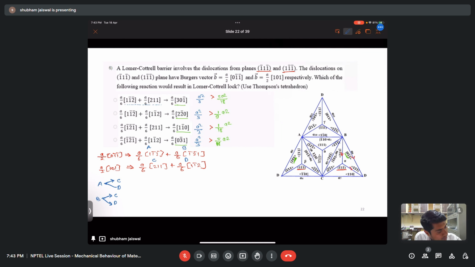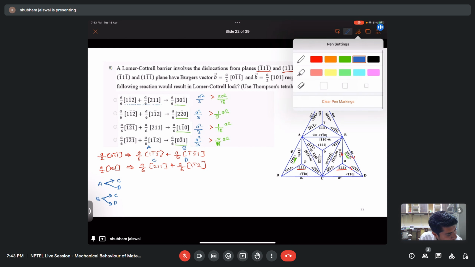Now we already know the Burgers vector for all these cases, and if we find the line vector and take the cross product with the Burgers vector, we will get the slip plane. If the slip plane is other than the slip system in FCC, then that will be our Lomer-Cottrell lock.